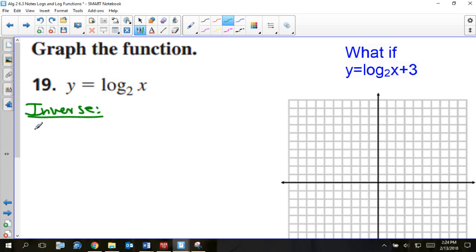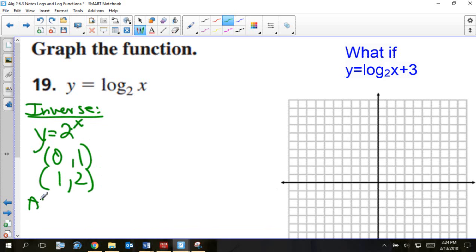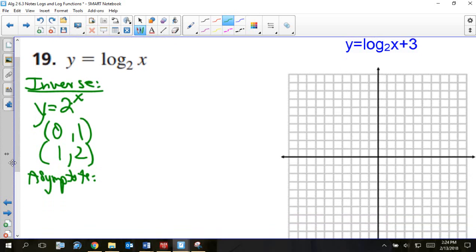Y equals 2 to the x. So key points. 0, 1, 1, 2, asymptote. What's the asymptote? Y equals 0.